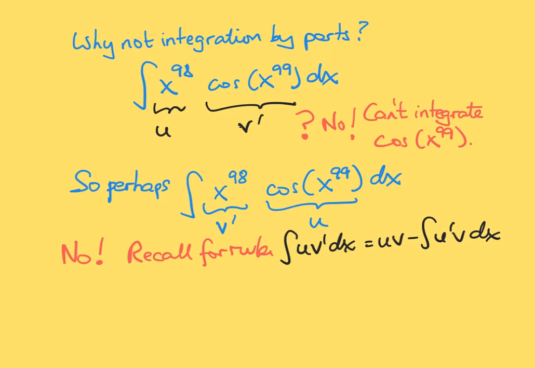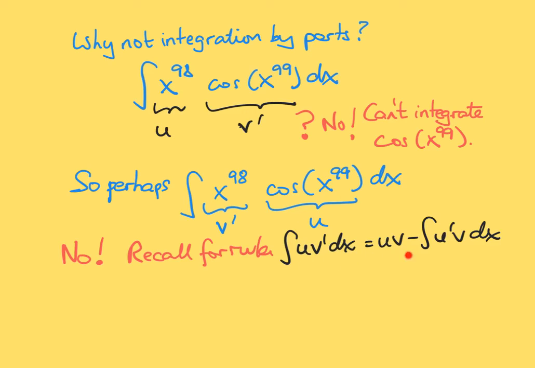It's horrible. And to be honest with you, the reason why I put big numbers in here was really just to make this something that you are less likely to use parts with. Okay, so let's go back and look at it the other way around. Say we integrate this and we differentiate this.